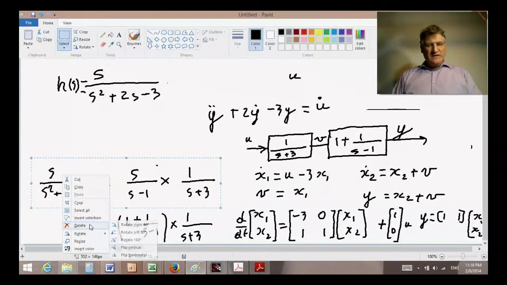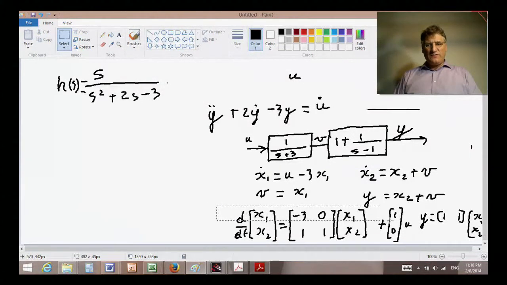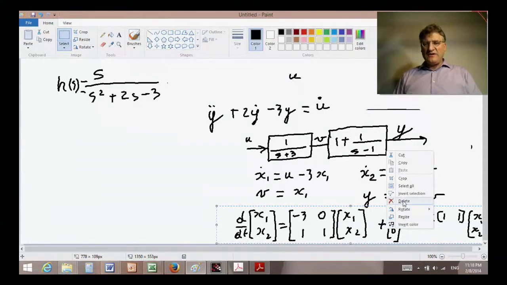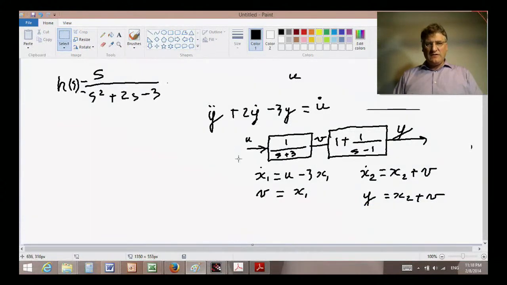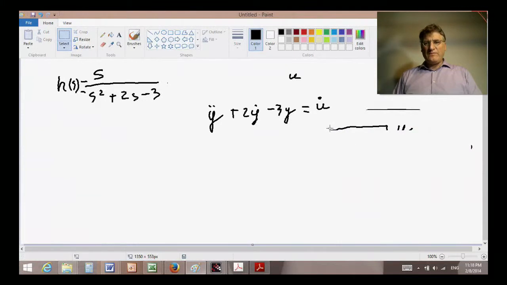We have seen that there exist transfer functions, or to be more precise, state space realizations, state space representations of the systems that don't show u dot in it. My mistake, that don't show u dot in it.